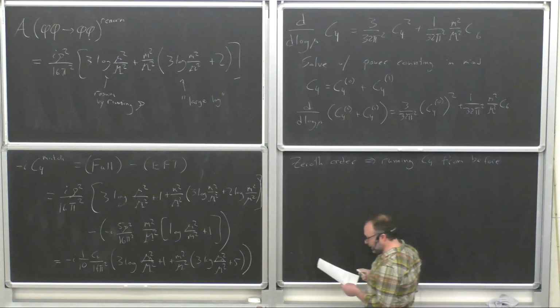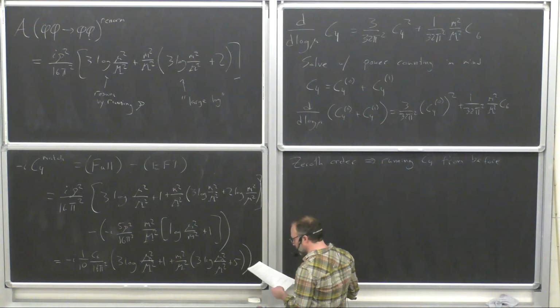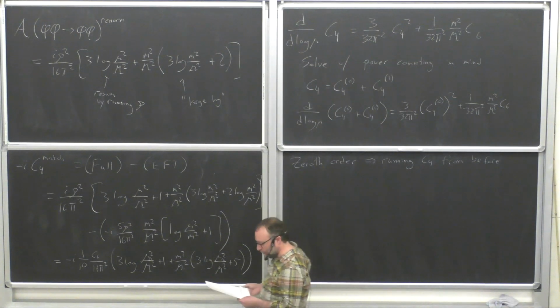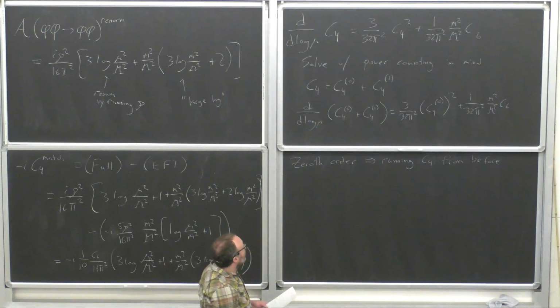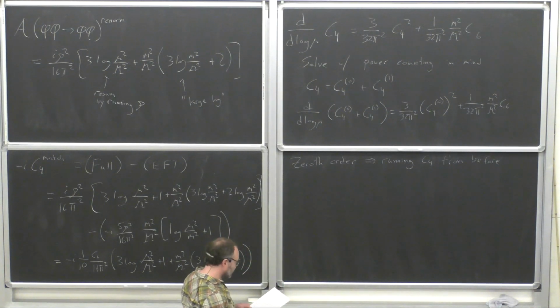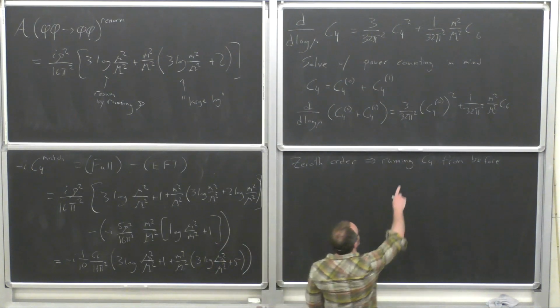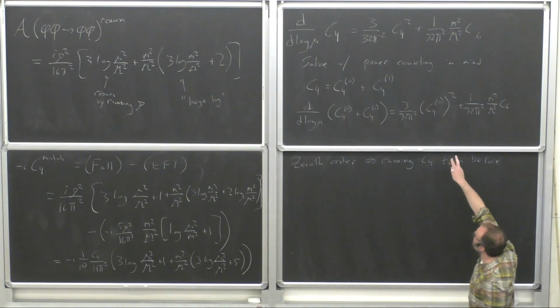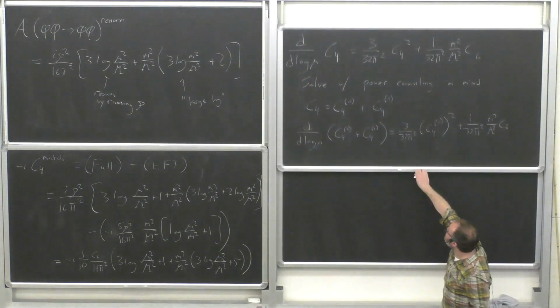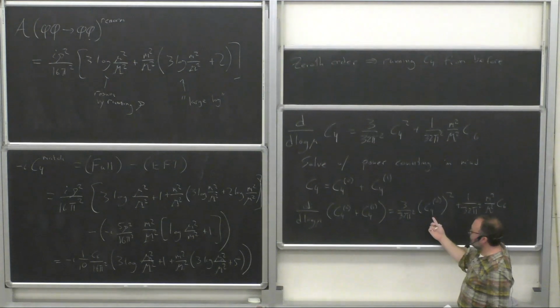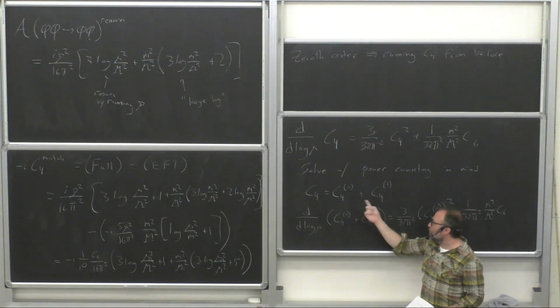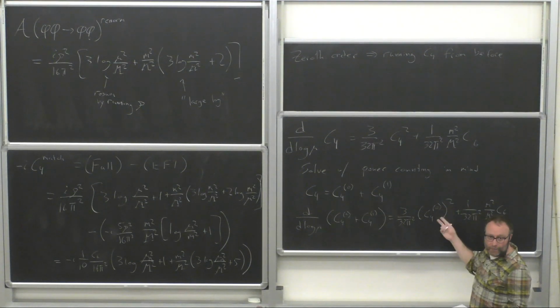And the new ingredient is the power suppressed contribution. So notice that when I did this, I dropped a cross term here. I should have put C4 0 plus C4 1, but then I dropped the higher power terms.